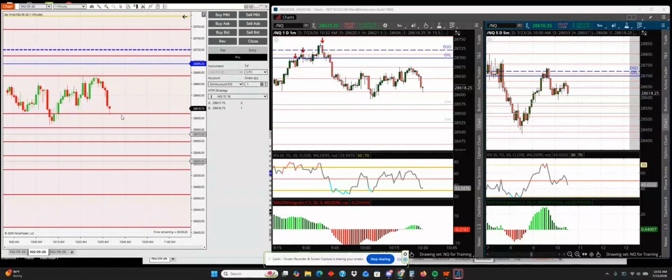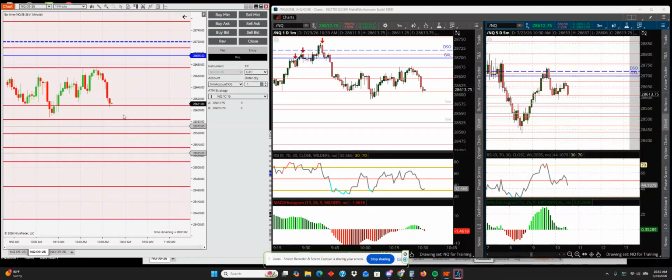So it came down and touched here. Look at how it touched that level. The first touch, there's always going to be a reversal. That doesn't mean it's going to continue to go higher, but it could.